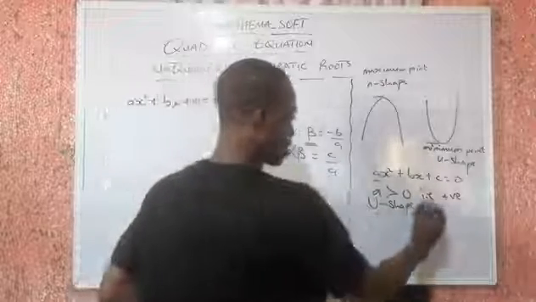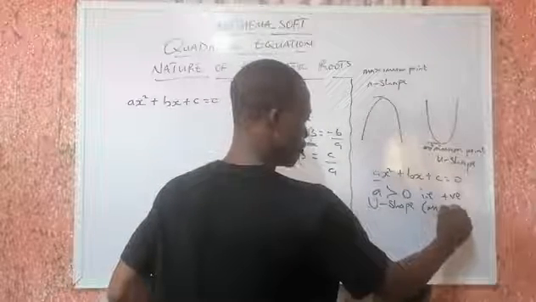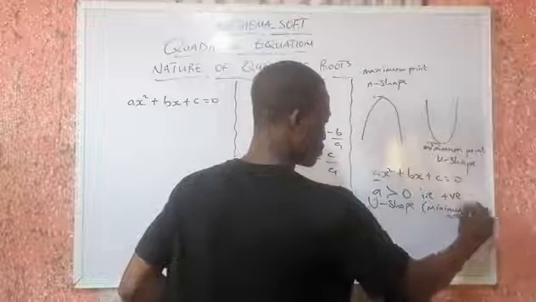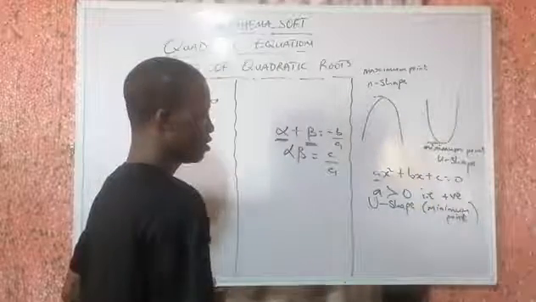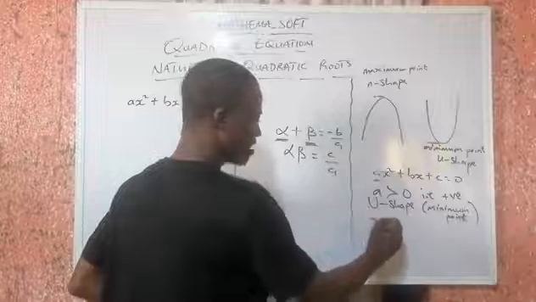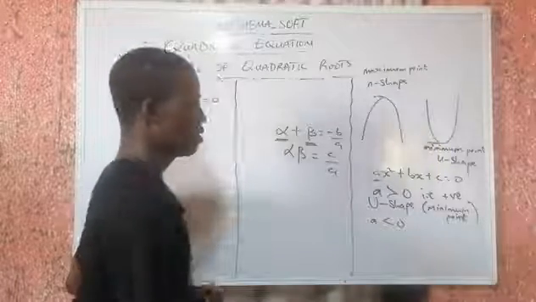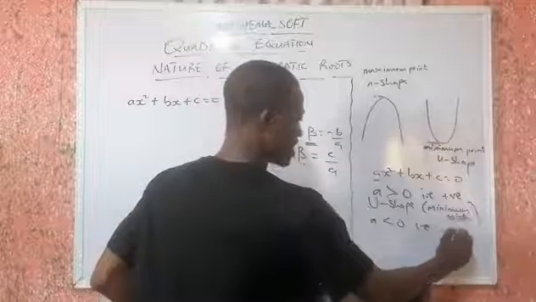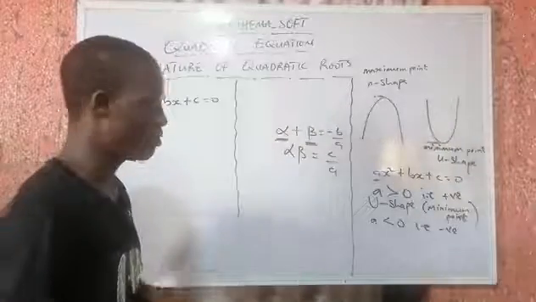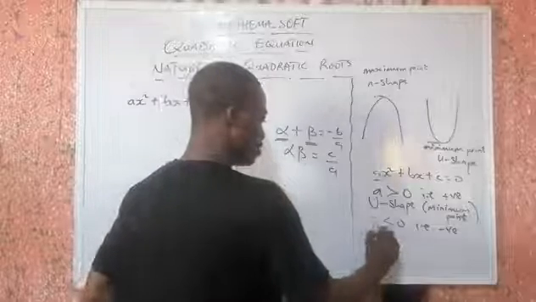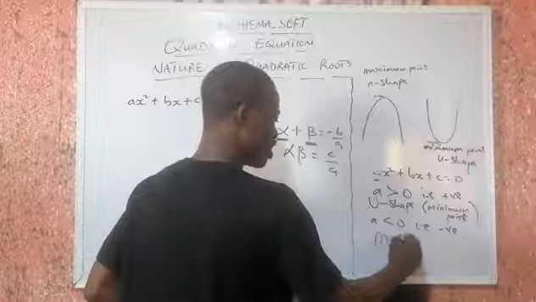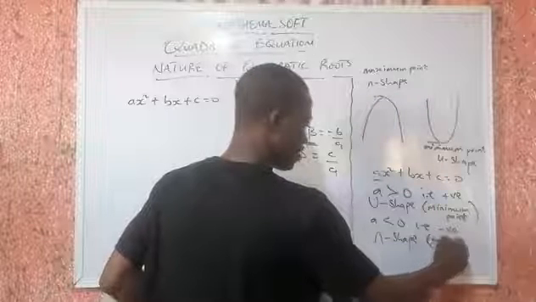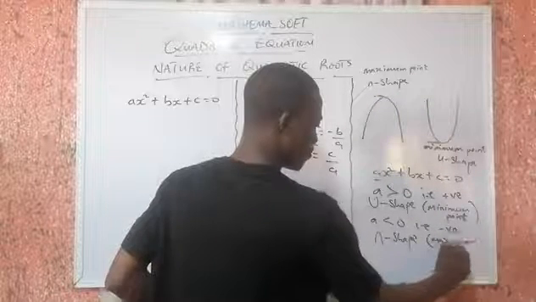And from here, we are going to have what we call minimum points. When A is less than 0, that is, A is what? Negative. A has a negative value. Then this is going to be an N-shaped quadratic graph. And from here, we are going to get maximum points.